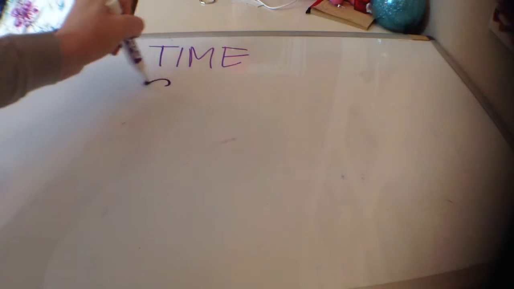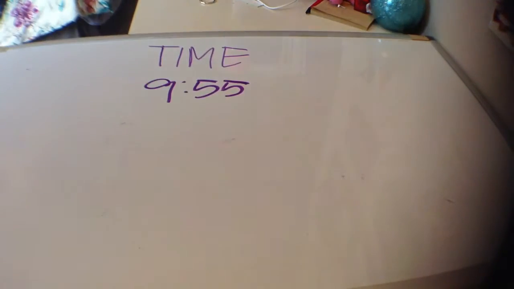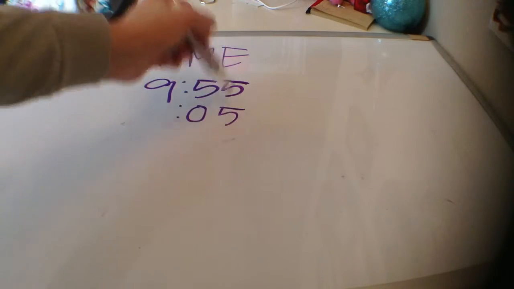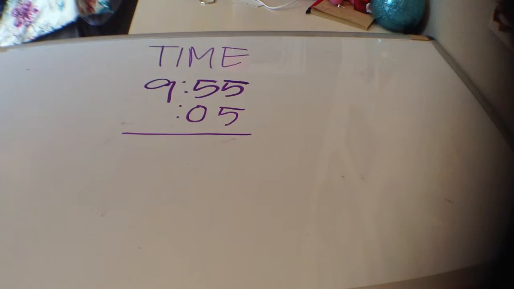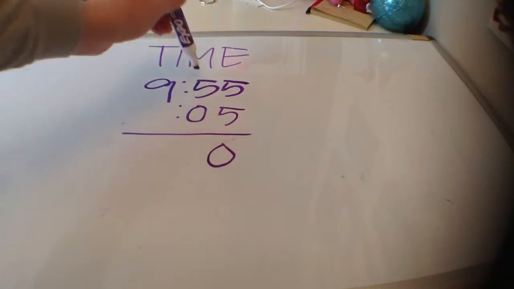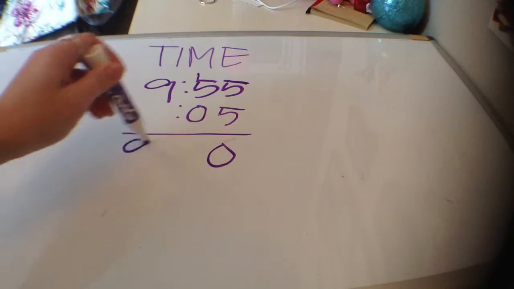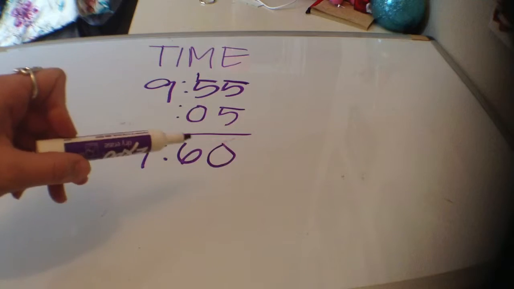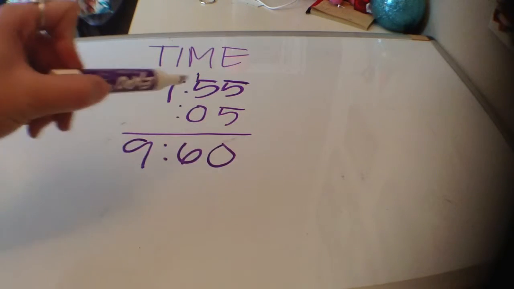So for example, if it is 9:55 and we want to figure out what time it will be in 5 minutes, we will be adding 5 minutes. But instead of what we would normally do, regrouping at 10 and finding that our answer would be 9:60, we are regrouping at 60.